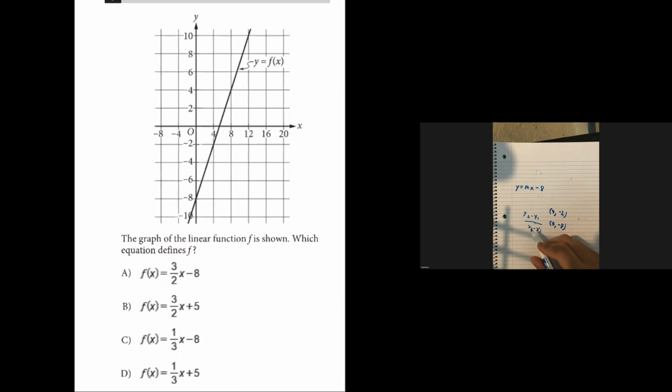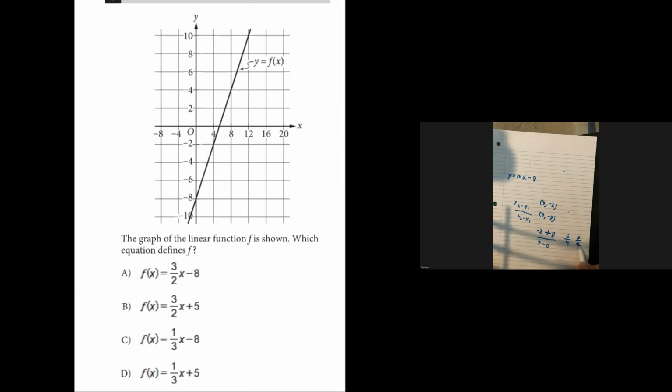And so using this formula, y2 is -2 minus y1, which is -8. So -2 minus -8, which would make it +8, over x2, which is 4, minus x1, which is 0. -2 plus 8 is 6 over 4, which simplifies into 3 over 2, which gives us the slope.